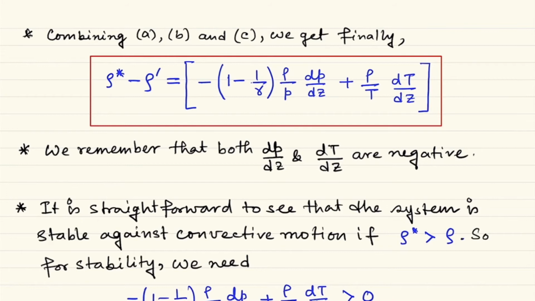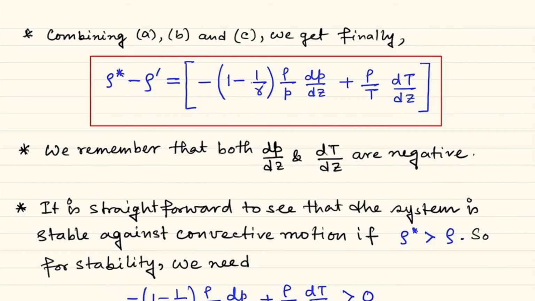That means the surroundings will consider the blob heavier than their layer, and that's why the blob will try to come back downward. But if rho star is less than rho prime, the blob's density is less than the surroundings' density, so it finds itself lighter in its new position and will be dominated by the buoyant force, which will help it go further vertically upward.